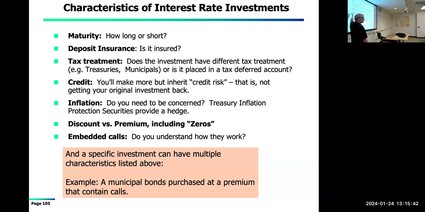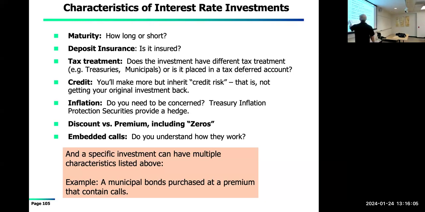Inflation. I'm going to talk a little bit about TIPS, Treasury Inflation Protected Securities, which have been issued for years by the Treasury. Whether you're buying at a discount or premium, including zeros, a zero structure is one cash flow at maturity, no intervening cash flows, how are they priced, et cetera.